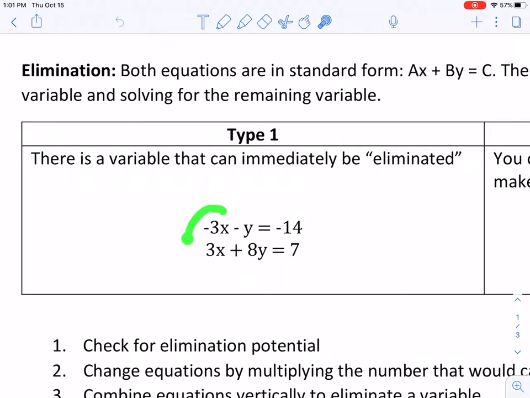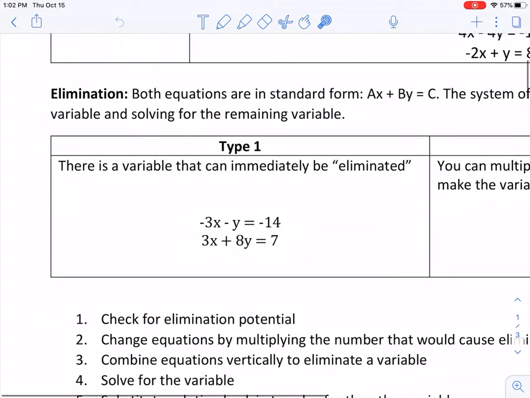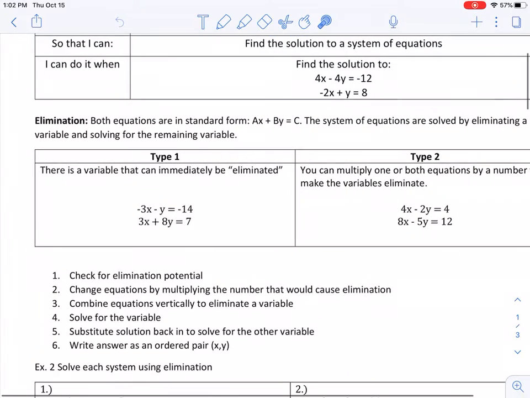Those have the same value, but different signs. And what that does is they cancel each other out. Remember, this is called elimination. And so we are looking for terms that will eliminate each other. Because if we combine these equations vertically, 3x and negative 3x will cancel each other out so that we're only left with a y value to work with, and then we can solve for y. So that's the first type.